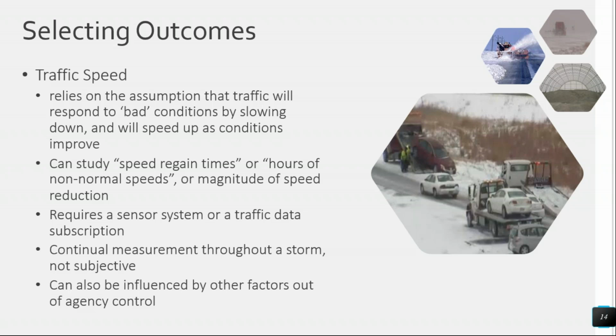This is something that you can actually get some good information from as the storm develops. And it isn't subjective. Most of the time, your traffic speed sensors are going to read the same thing, whether or not it's snowing, with some exception. But in general, it does kind of remove a little bit of that human element.